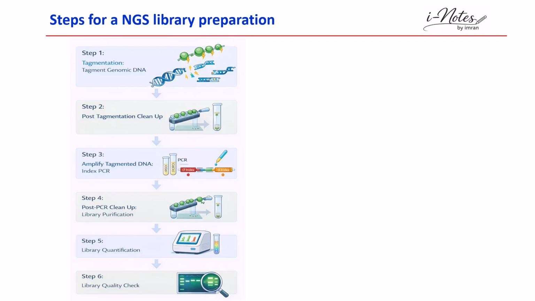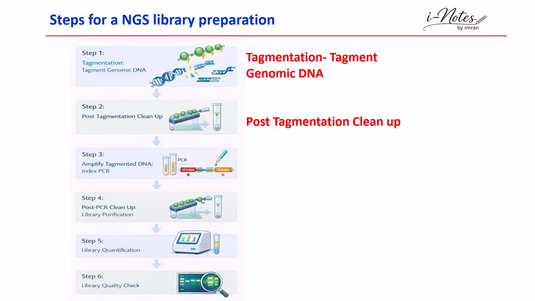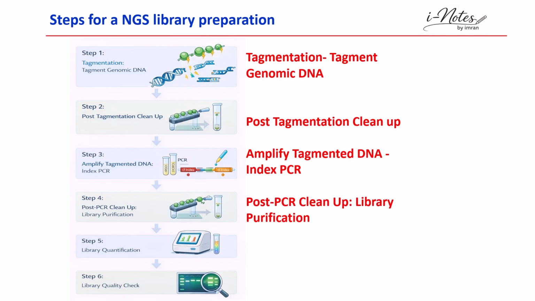So NGS library preparation basically involves these steps: tagmentation of genomic DNA, post-tagmentation cleanup, and then amplification of the tagmented DNA, which is also called index PCR, and then post PCR cleanup is required.